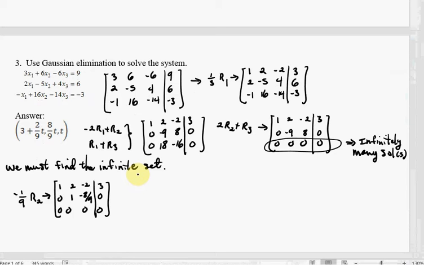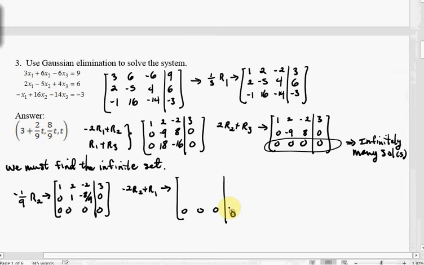So what we're going to do is say -2 times row 2 plus row 1. So that last row is still 0. In the second row is a 1, 0.